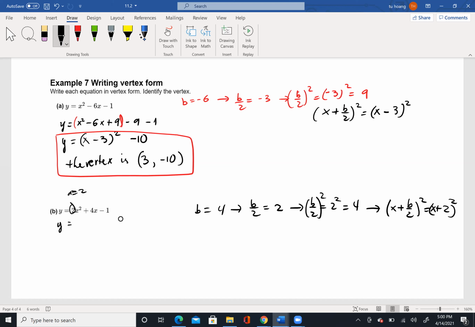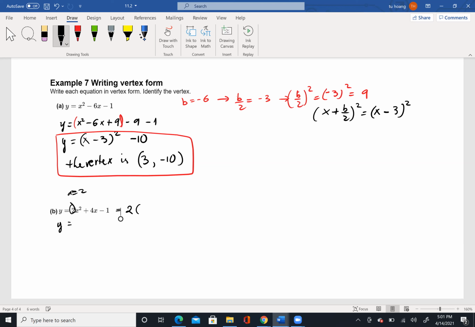So what I do, I delete this first, and I convert this to the format 2 times (x squared plus 2x) minus 1. I factor out 2 for the first 2 terms.